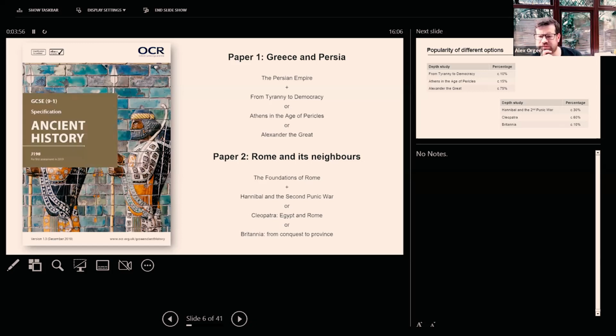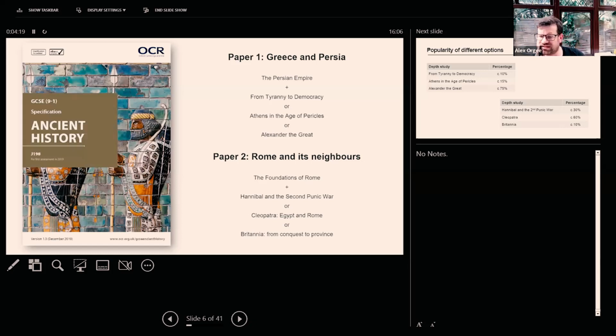So in terms of From Tyranny to Democracy, that covers a very similar time frame to the Persian Empire period study, although looking at a slightly different geographical location. There are links to the Persian Empire with the tyranny on Samos and also the Ionian Revolt.